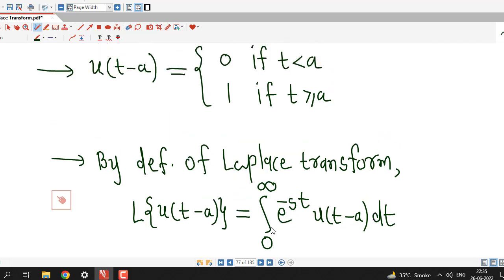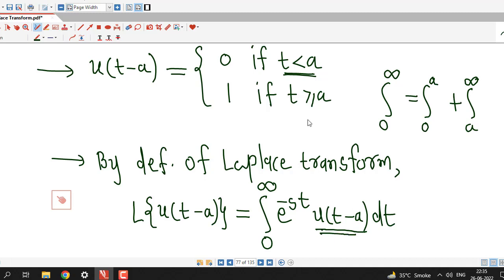Now the integral has limits from 0 to infinity, and we can write the integral from 0 to infinity as the addition of two integrals, the integral from 0 to a and the integral from a to infinity, because our function u(t minus a) has different values for 0 to a and a to infinity.